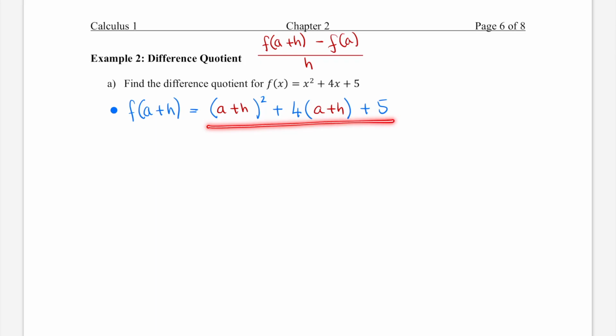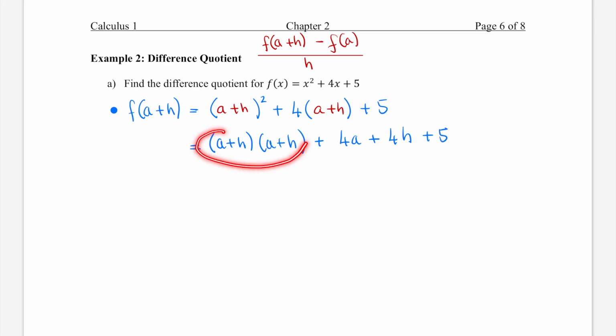Now, we are going to expand this. a plus h squared is a plus h times a plus h. 4 times a is 4a, 4 times h is 4h, plus 5.